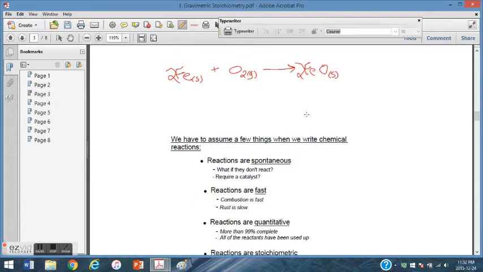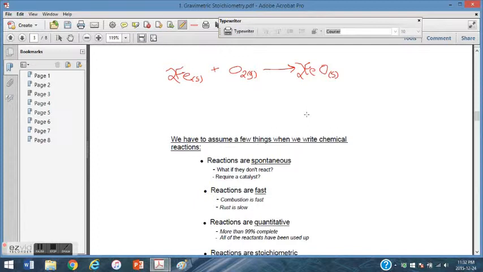If any of you have ever looked at the bumper or the fender of an old vehicle, you'll have seen evidence that this reaction has happened. But you probably have never seen a car rusting. Combustion of iron in the sparkler is fast. Rust is really slow.